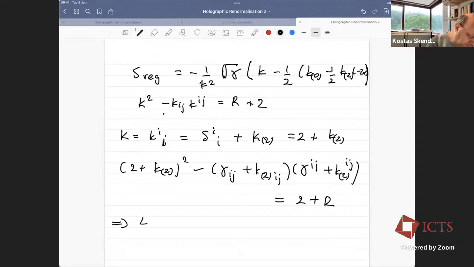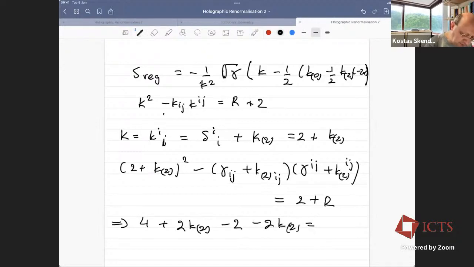So we have 4 plus 2 K2 from this term. So this square is something of dimension 4. There's nothing in dimension 4 on the right hand side, so it's going to cancel on its own, but I'm not going to write it down. And then we have this times this, that gives the minus 2, and then this times that twice, so that gives another minus K2.